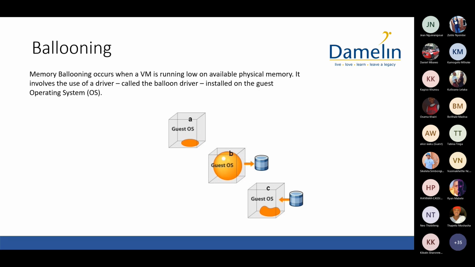In this case, you can see that the balloon is inflated in guest OS B because it's the one currently running, which means it's saying, hey, you allocated me these resources, I need them now, I'm using them now. When you shut down that virtual machine, the balloon will deflate. So we have this concept of inflating and deflating the allocated resources.